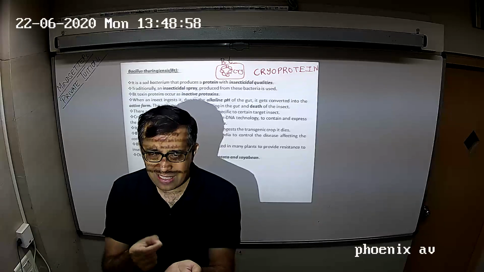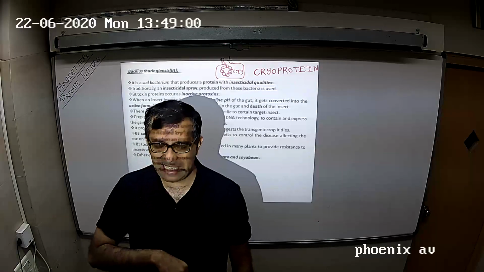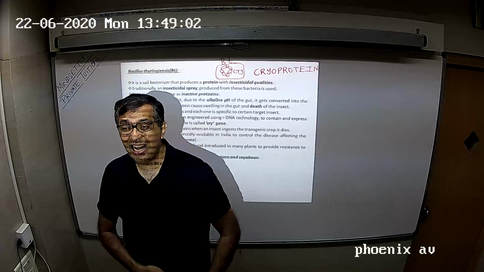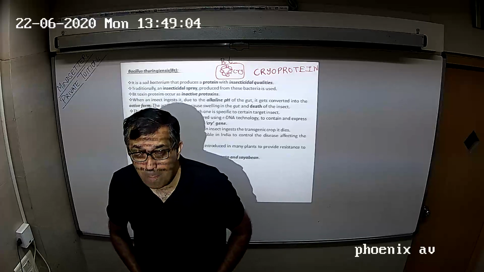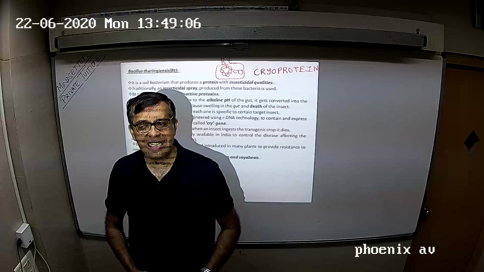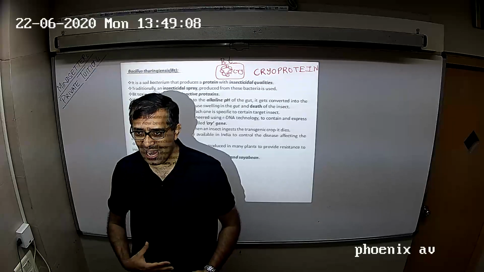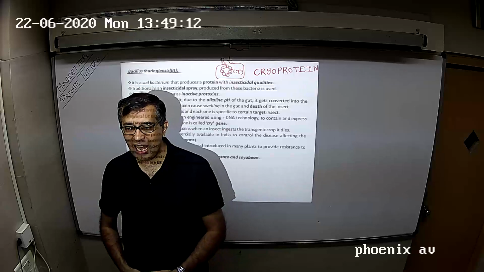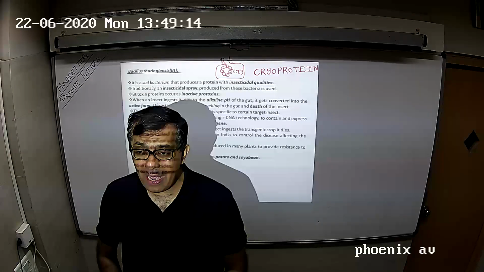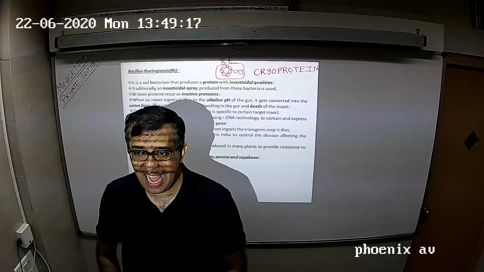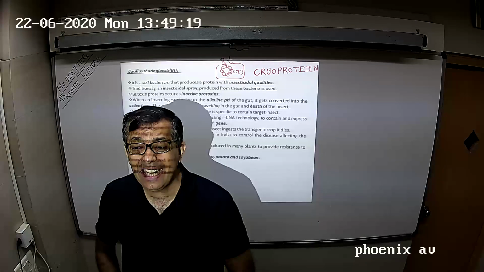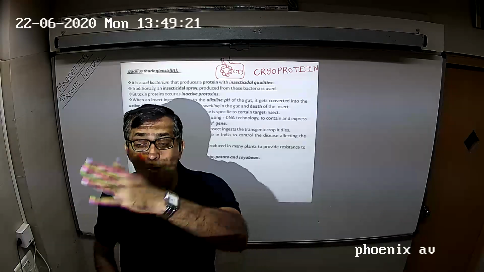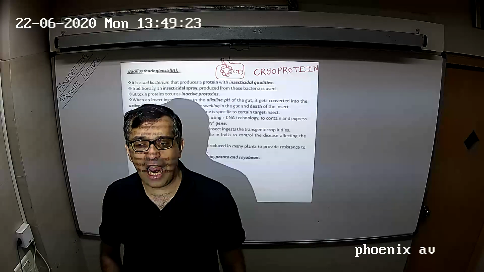But once the bollworm eats it, then in the alkaline pH of the small intestine, bollworm के small intestine में alkaline pH होता है. In the alkaline pH of the small intestine, the inactive cryoprotein now becomes active cryoprotein.